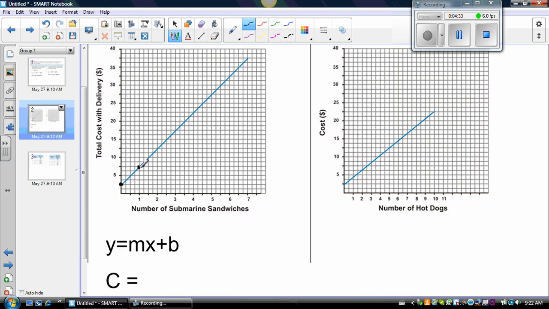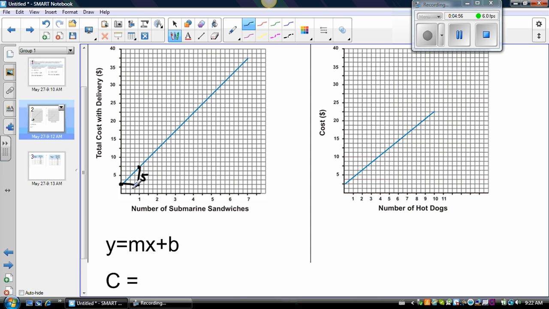Now between those 2 points, I need to find my slope. I need this m value. So I'm going to find the rise and the run. The rise here is 7.5 minus 2.5, so the rise is 5.